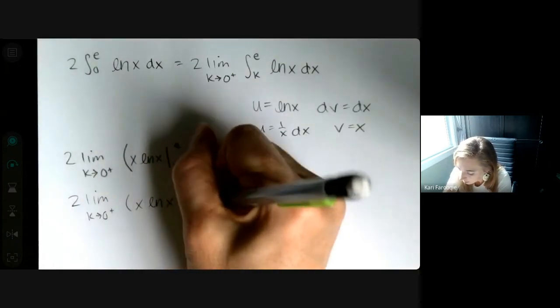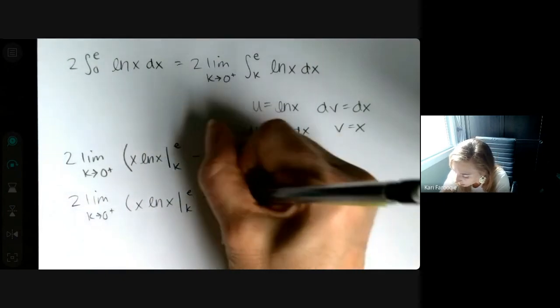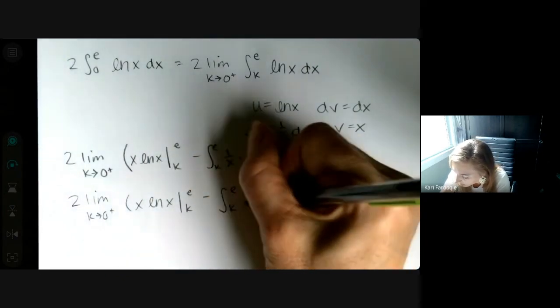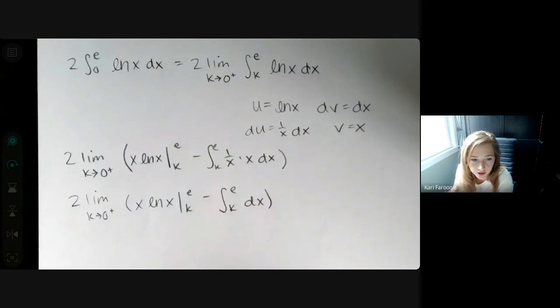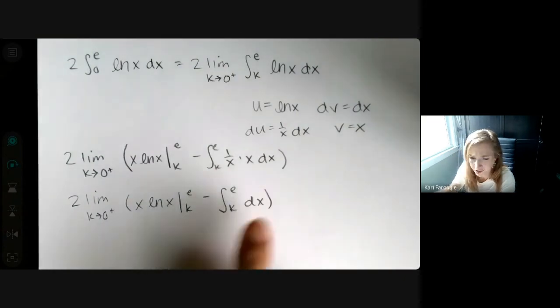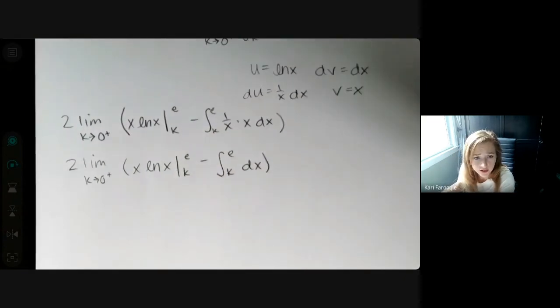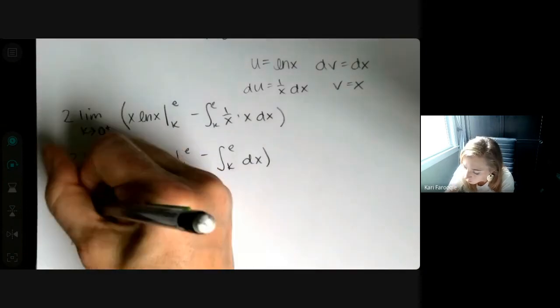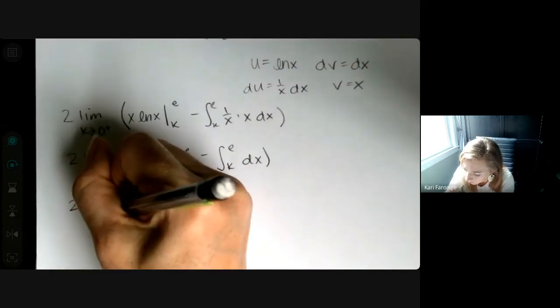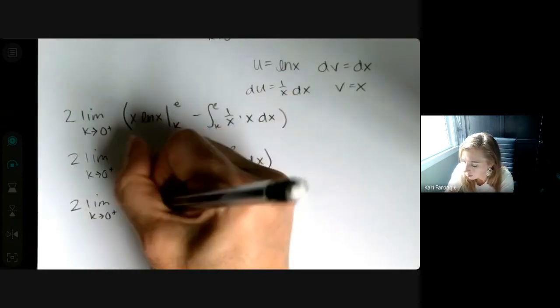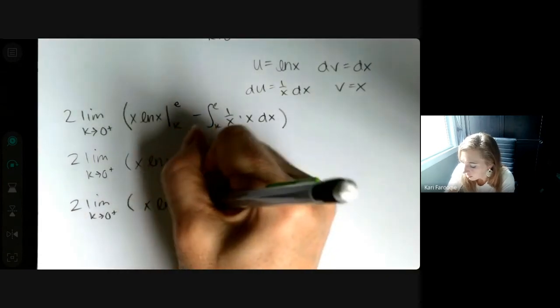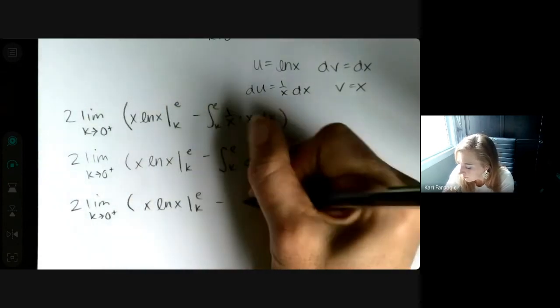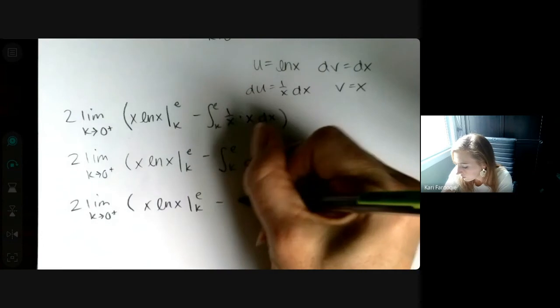x ln x is going to go from k to e and then minus the integral from k to e of just dx. And if you want to skip that particular step because you're like, okay, clearly it's 1 dx, I'm just going to integrate it, that's fine. Just do that. Okay, so you have x ln x from k to e. The integral of 1 dx is just x.